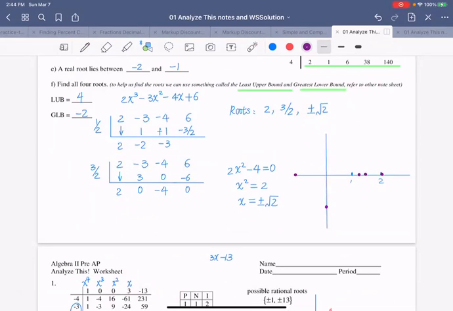Now we can connect them with smooth lines, okay? So you're going down, and then you're going up, and you are pulled down by these roots, and then you are pulled up. That's how you draw these polynomials.